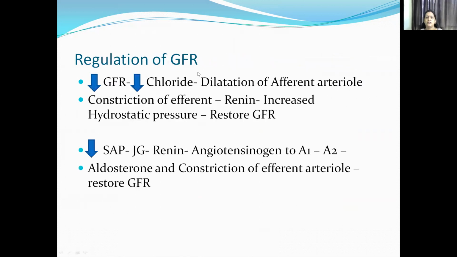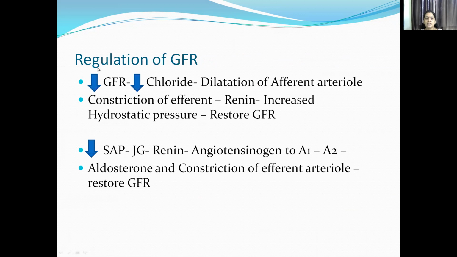Now, just in brief, about the regulation of glomerular filtration rate. See, you know that there are some cells called juxtaglomerular cells and then the macula densa, right? The macula densa has a specialized function of sensing the chloride concentration.